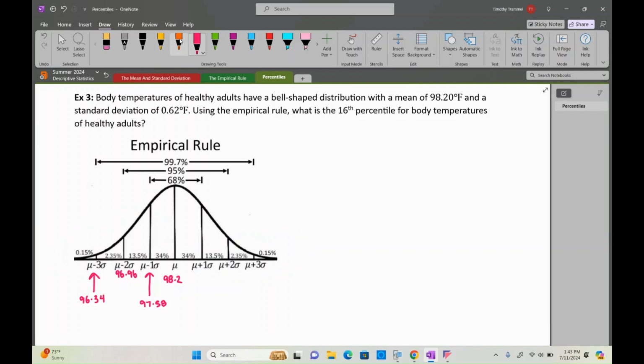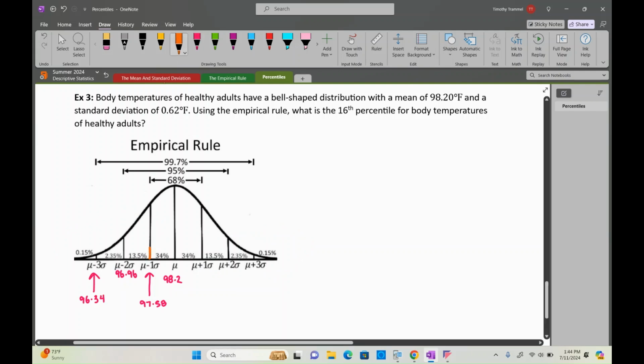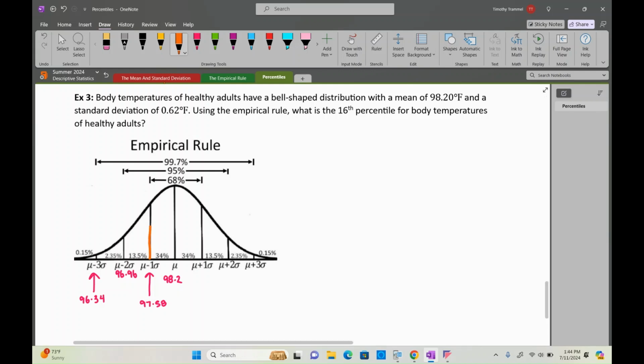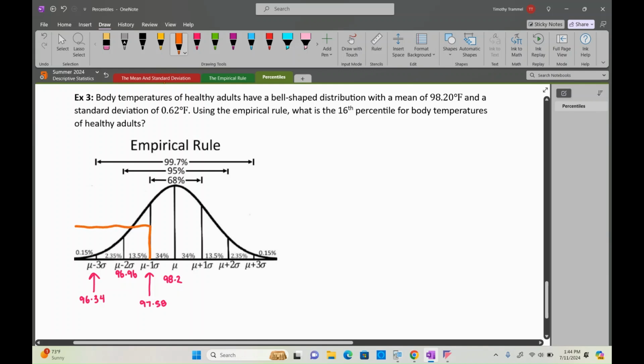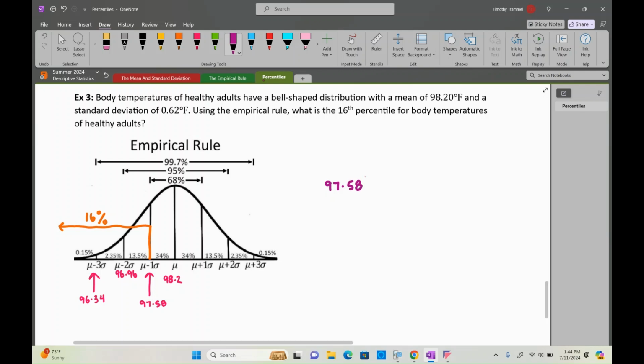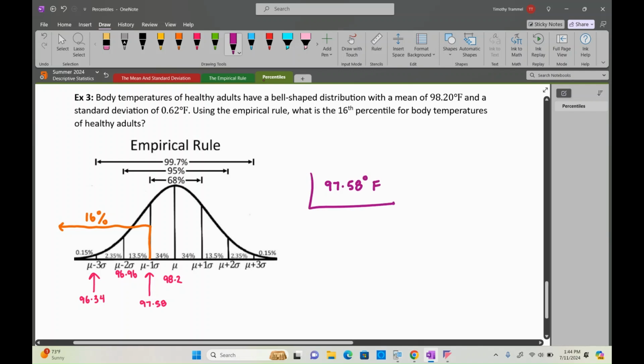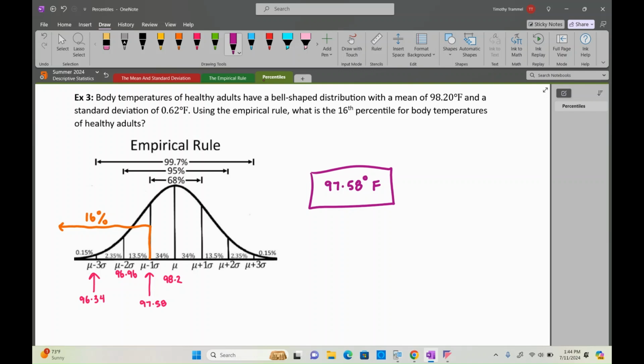So we are looking for this body temperature that would correspond with that line there. Because again, if you total all these up, we have 16% over here. So our final answer then is going to be 97.58 degrees Fahrenheit. So again, 16% of people have this body temperature or lower. All right, and that wraps up percentiles.